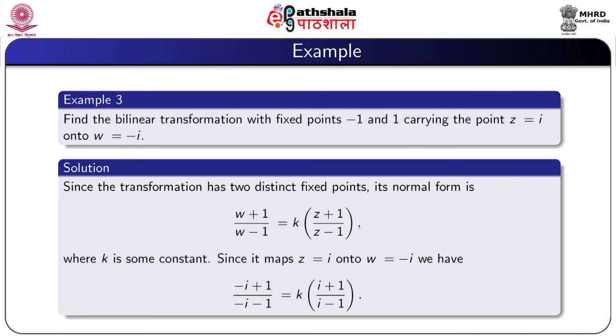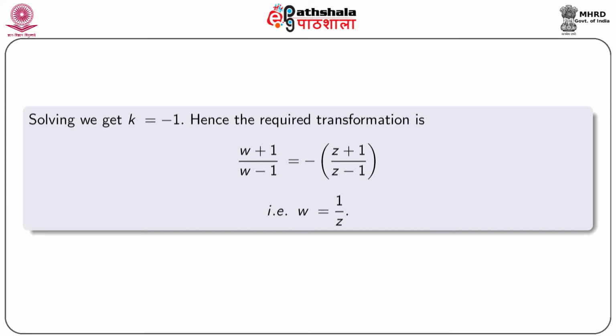Given that this transformation maps z equal to i onto w equal to minus i, from this we obtain minus i plus 1 by minus i minus 1 equal to k into i plus 1 by i minus 1, and solving we obtain k equal to minus 1. Therefore, the required transformation is w plus 1 by w minus 1 equal to minus (z plus 1 by z minus 1), and simplifying we obtain w equal to 1 by z.